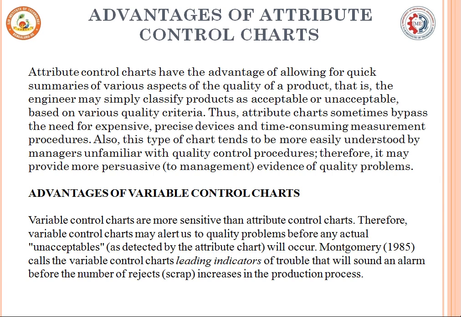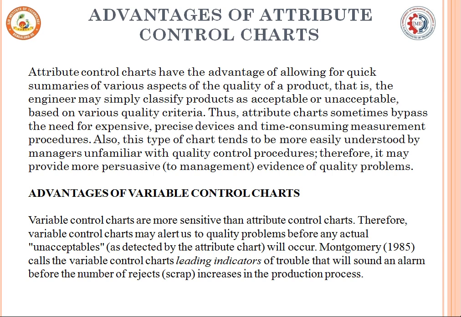What are the advantages of attribute control charts and variable control charts? Attribute charts tend to be more easily understood by managers unfamiliar with quality control procedures, so they can provide evidence of quality problems.